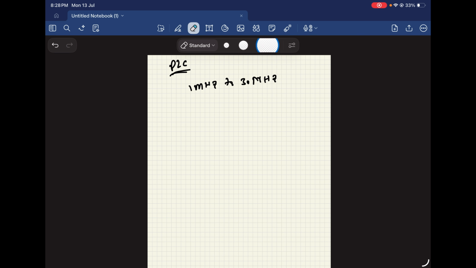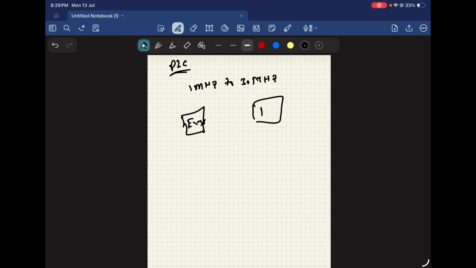Okay, this is the advantage of this one over the earlier pilot wire communication. Normally pilot wire communication will only transfer the capacity on this side and this side, so it won't transfer data from the EVSE side. This is the EVSE, this is the EV.